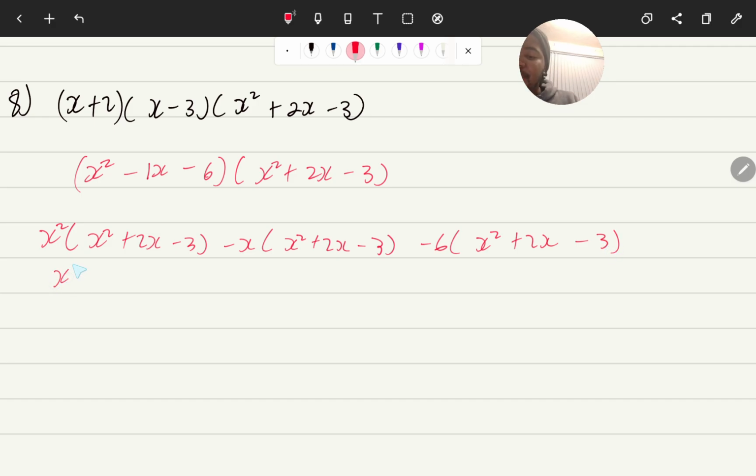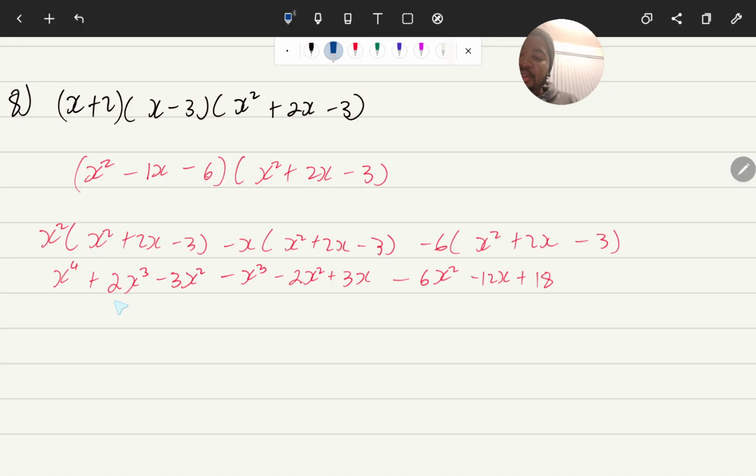So that means you have x to the power of 4 plus 2x to the power of 3 minus 3x squared. Then you have minus x to the power of 3 minus 2x squared plus 3x, then minus 6x squared minus 12x plus 18.